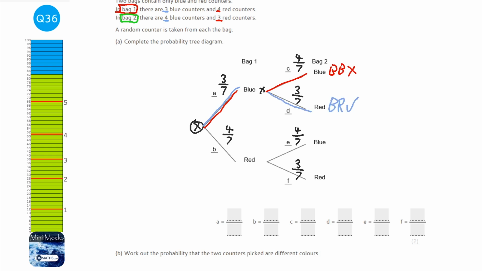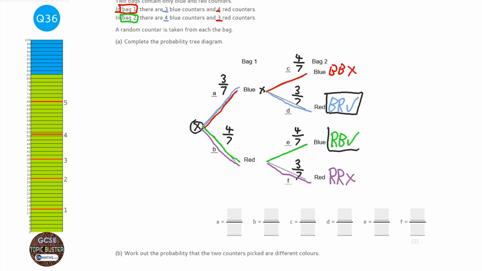So we want that one. Let's start going down here. So I pick a red from bag 1 and then a blue from bag 2. Well, that's the one we want. And let's try the last one. So a red from bag 1 and a red from bag 2. Well, they're not different colours. So it's these middle 2 we're interested in. It's that one and that one.